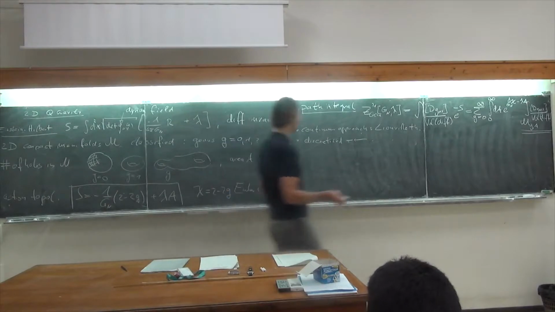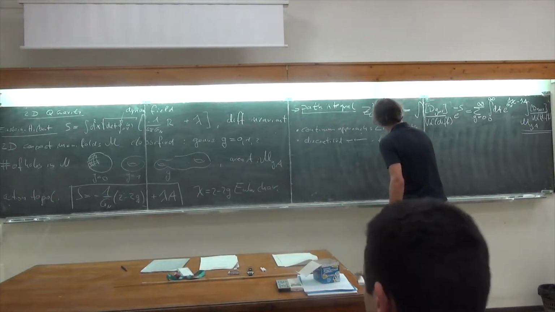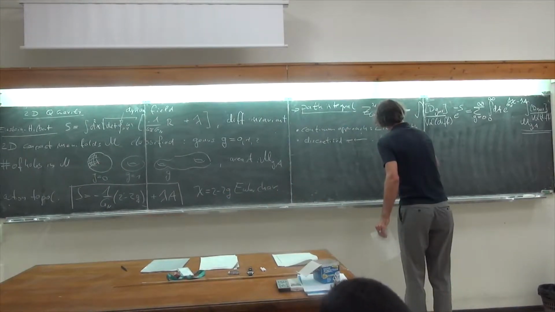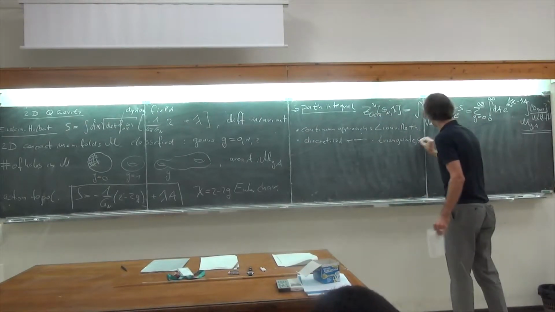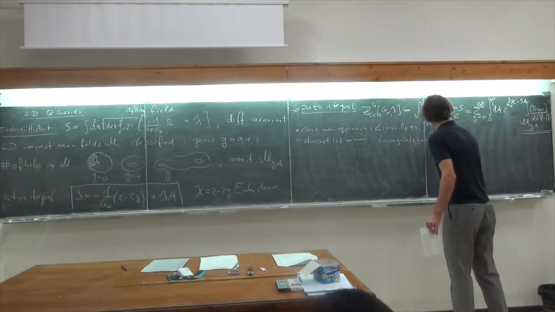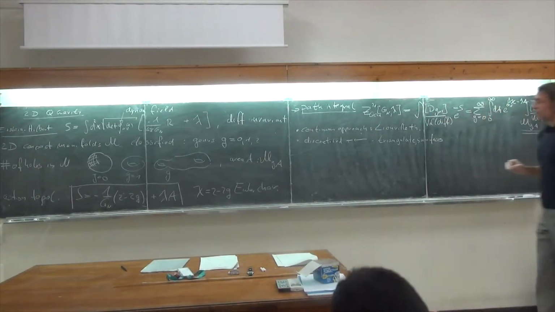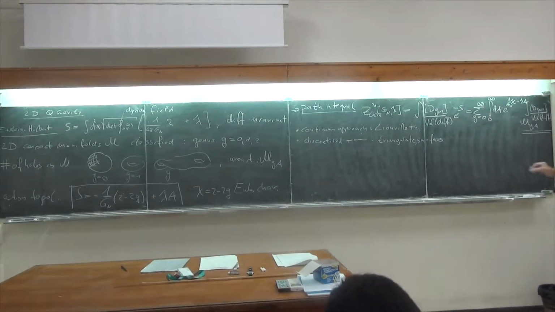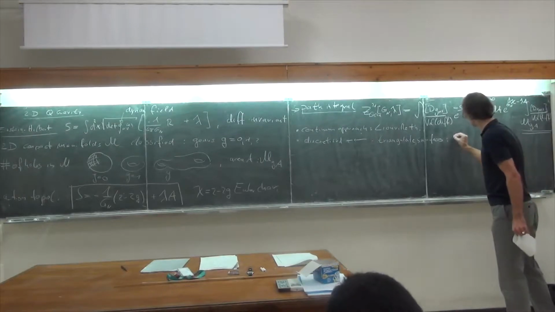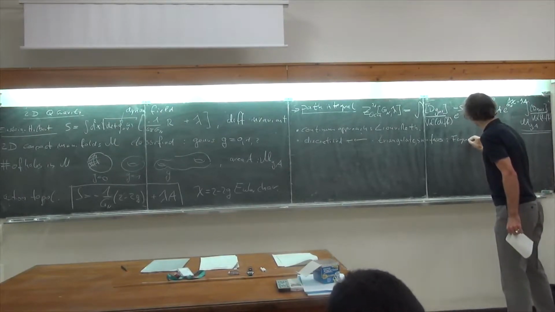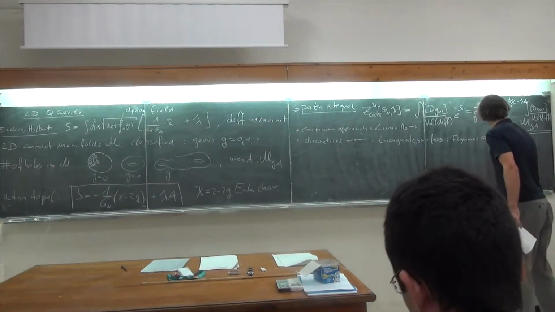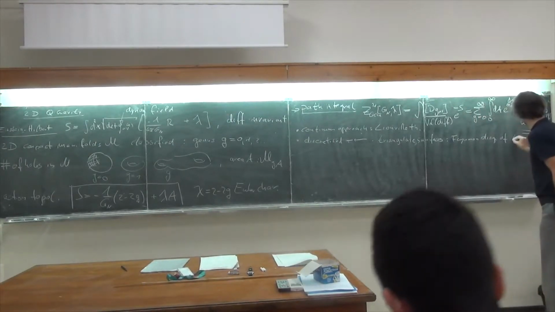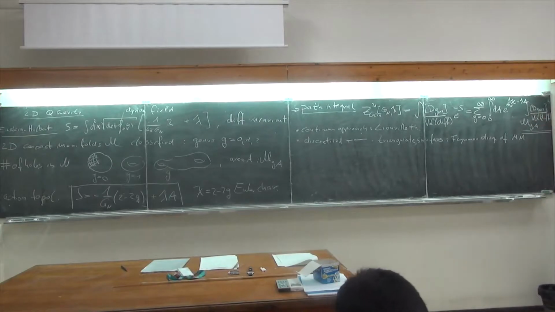Okay, so we triangulate the surface. And what we will use for that are Feynman diagrams of matrix models.